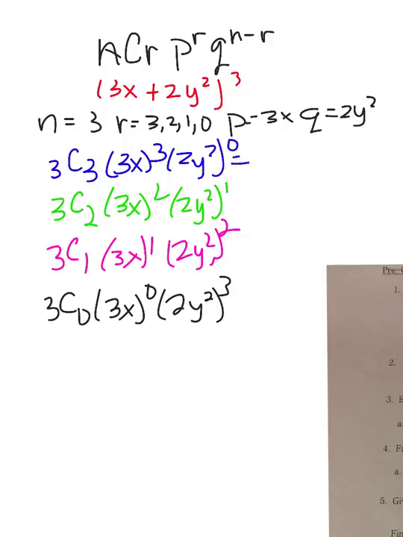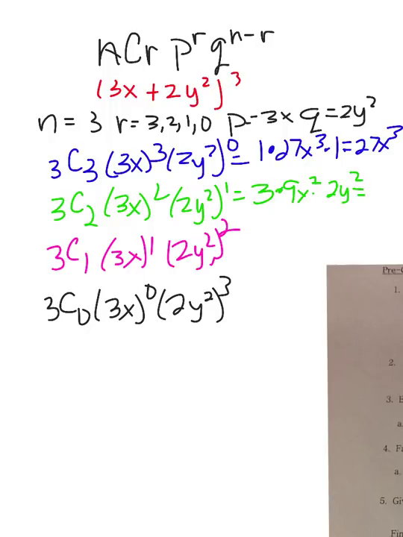Alright, 3C3 is 1 times (3x)³, which is 27x³. And (2y²)⁰ is 1, so that's 27x³. 3C2 is 3. (3x)² is 9x². (2y²)¹ is 2y².